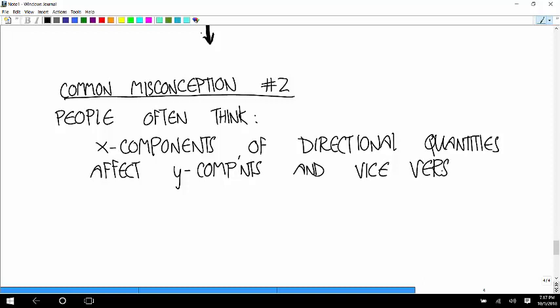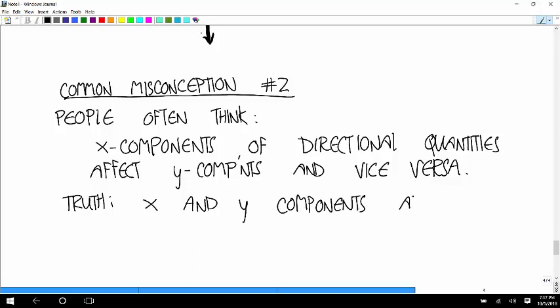The truth is that the x and y components are completely independent of each other. And I'm going to give you an example that sort of brings out how this is kind of counterintuitive for most people. Totally independent.